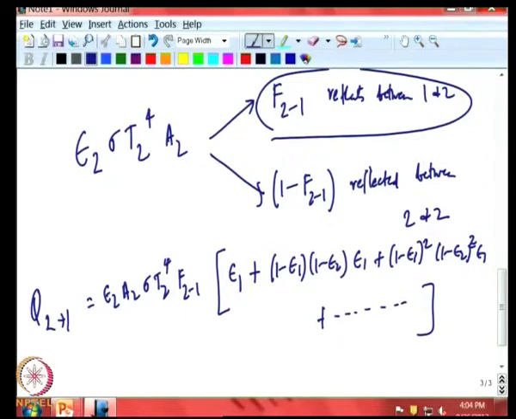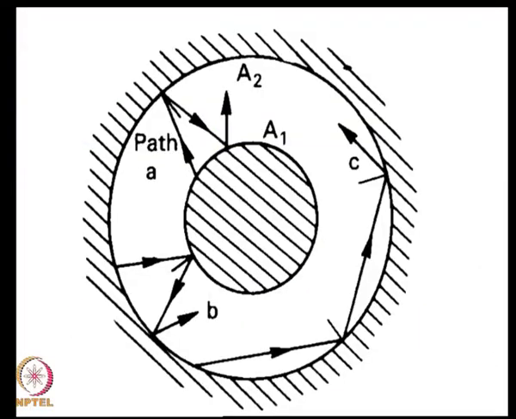Similar logic can be worked for Q12. Energy emitted by 1 will only bounce back between 1 and 2. This can again be seen if you go back to that picture. Energy emitted by 1, the tangent point will reach here and it will come back here. It will never hit 2 again.